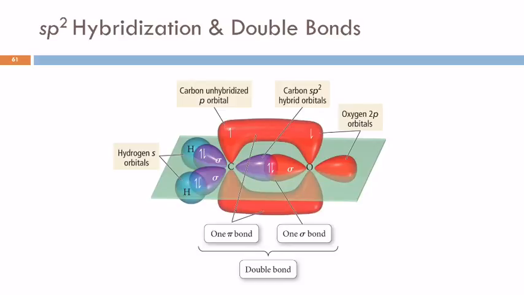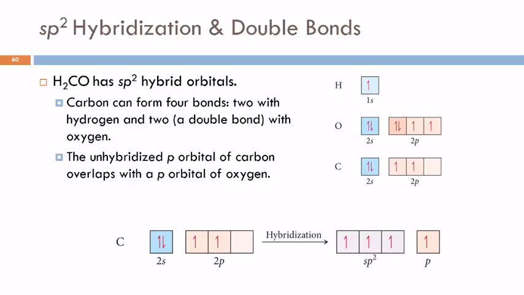If we look at the Lewis structure for this molecule, that's the Lewis structure. We're not going to worry about the two lone pairs on the oxygen. These are the two lone pairs.